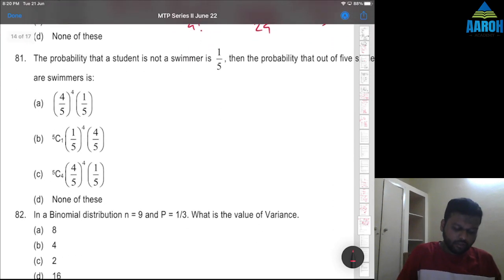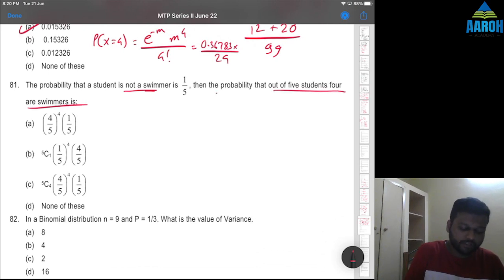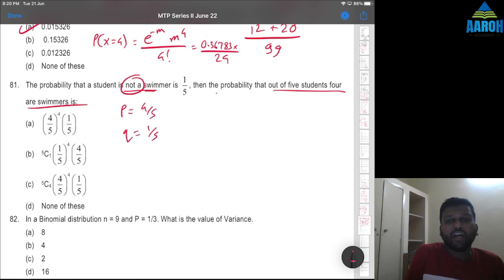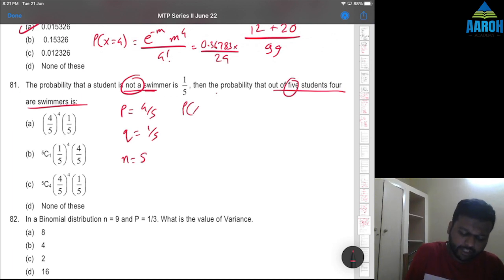Next. The probability that a student is not a swimmer is 1 by 5. Then the probability that out of 5 students, 4 are swimmers is. Now this is a binomial question, right? Let's assume success is being a swimmer, so 4 by 5. Failure is not a swimmer, so 1 by 5. How many trials are we conducting? 5, right? We want 4 successes, 4 are swimmers, so we want the probability that x is equal to 4.